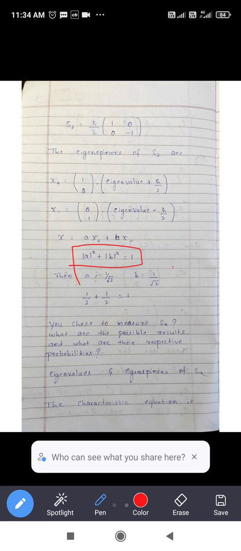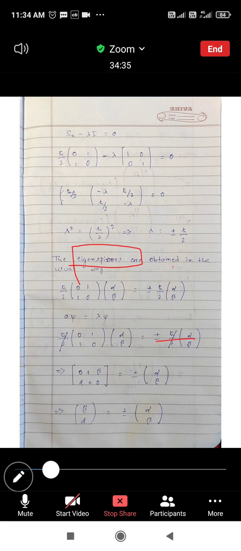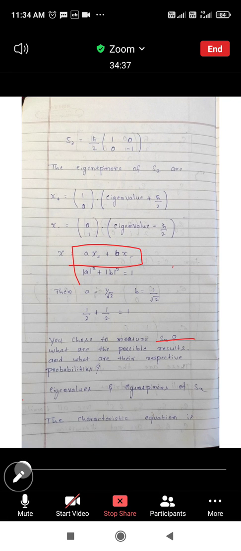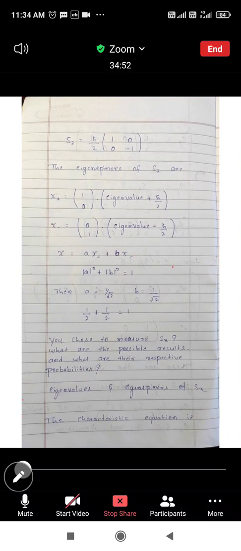The probability of getting h cross by 2 is mod a square, and the probability of getting minus h cross by 2 is mod b square. Okay, from this equation, next we move on to the question.